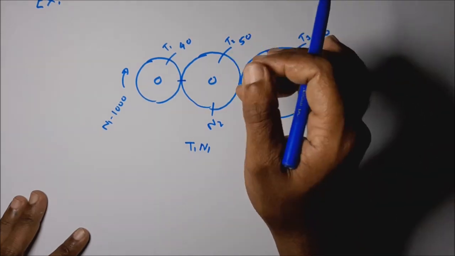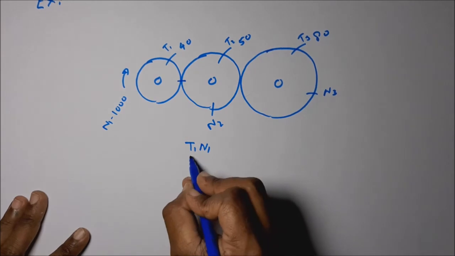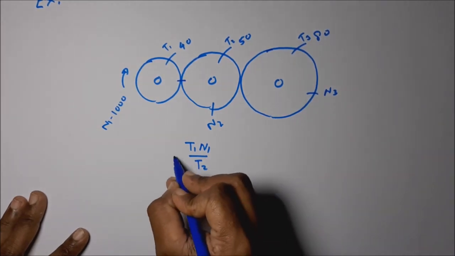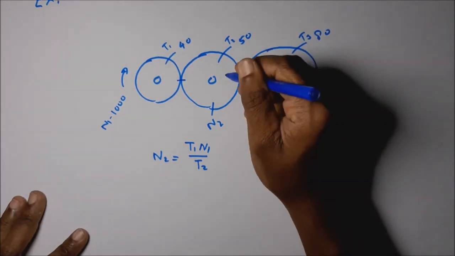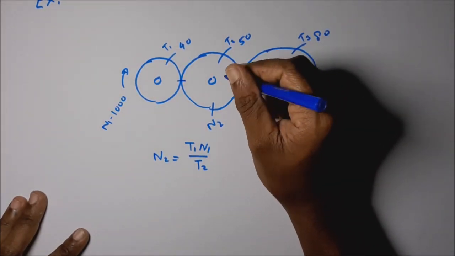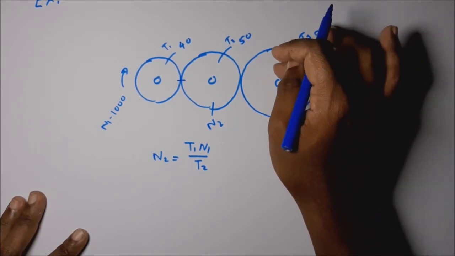The second gear wheel circumference has T2 teeth. If we divide by this T2, we get n2. If this is rotating with n2 speed, how many teeth are in contact with the third gear wheel?